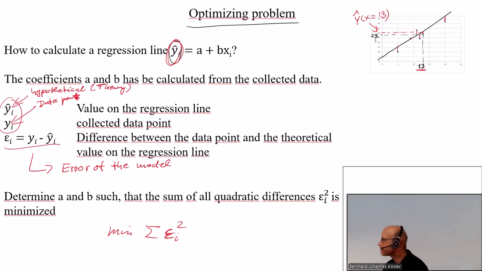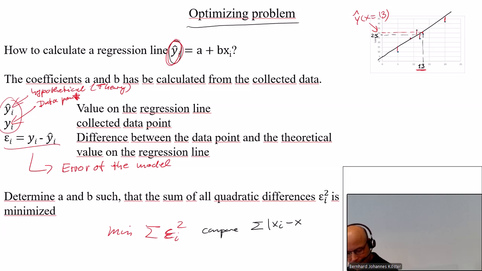in the introductory statistics course, that you can compare this. There you have calculated xi minus the average, squared, i equals 1 to n, and this you have called the variance.